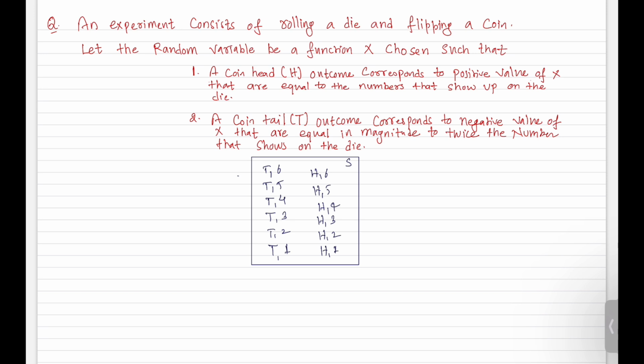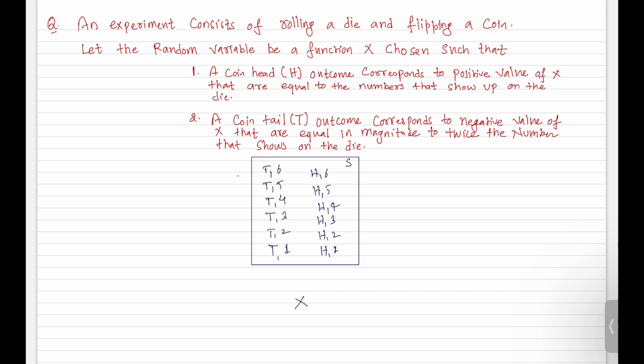Now what's the role of the random variable? A random variable is a function that maps the sample space to some real number. So this X, let's say the random variable X, will take some input.